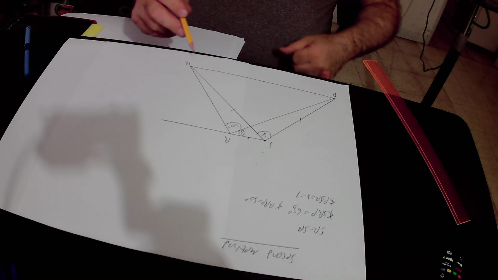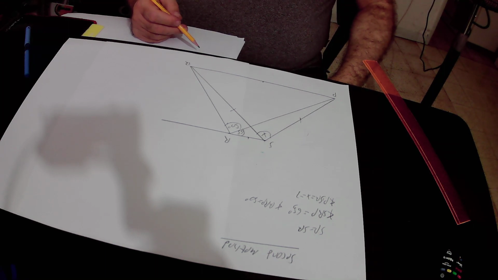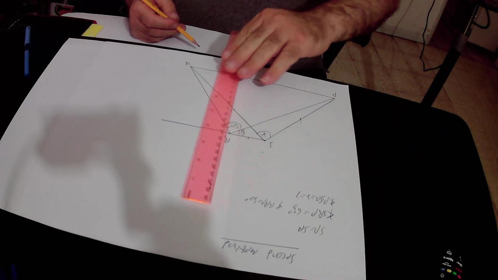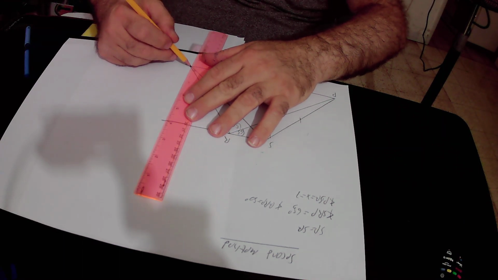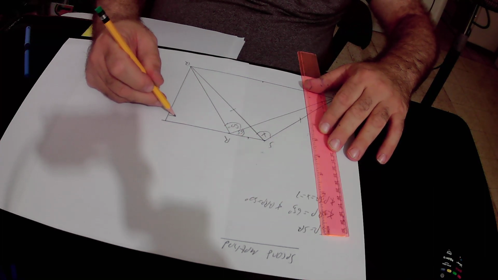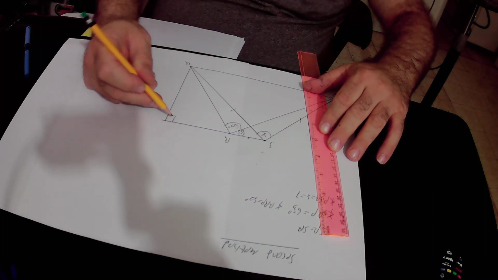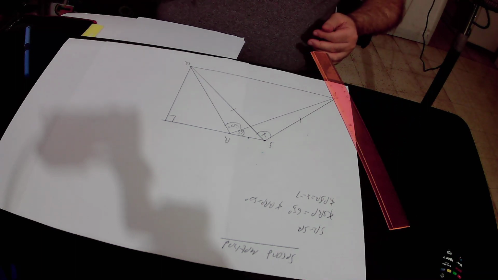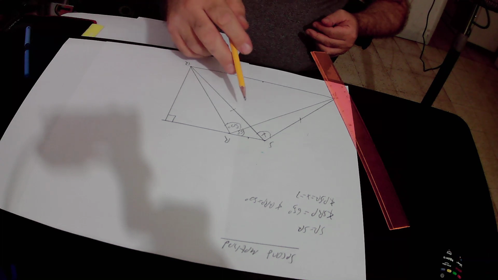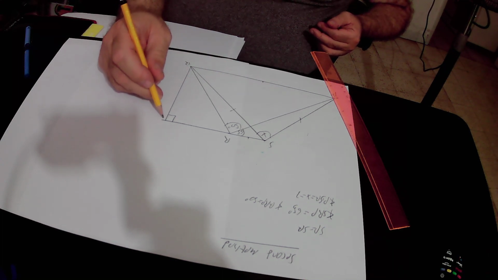Then from point Q we will raise a perpendicular to the extended SR, so this angle equals 90 degrees. And we will define the touching point between the perpendicular from point Q and the extended SR as point M.